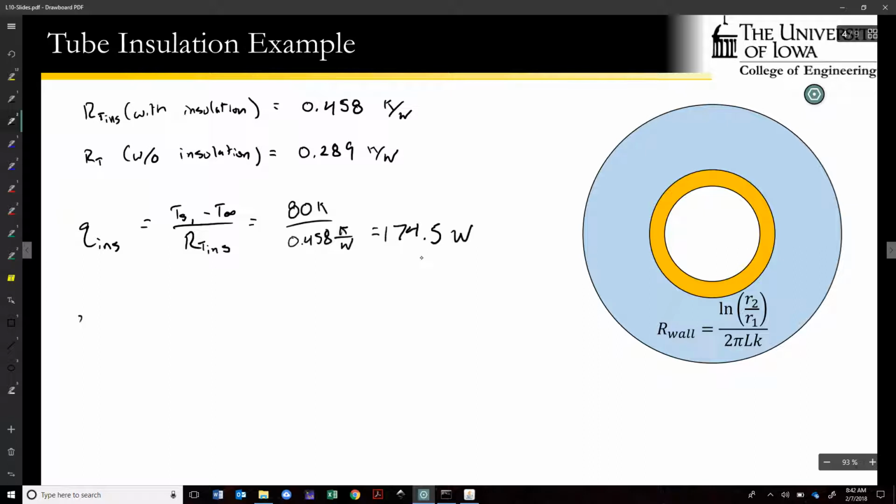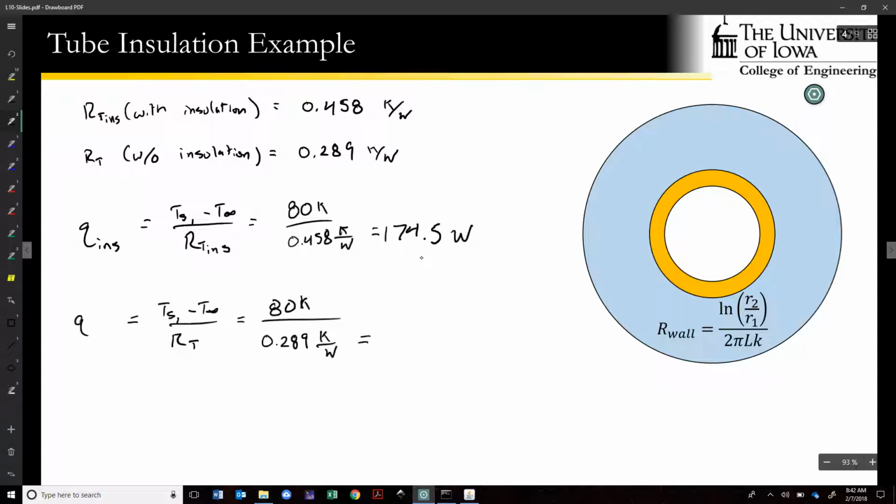If we left the pipe uninsulated, we end up with TS1 minus T infinity over RT, which is the same temperature difference, boiling water inside, 20-degree air on the outside, but with a much smaller resistance, 0.289 Kelvin per watt.